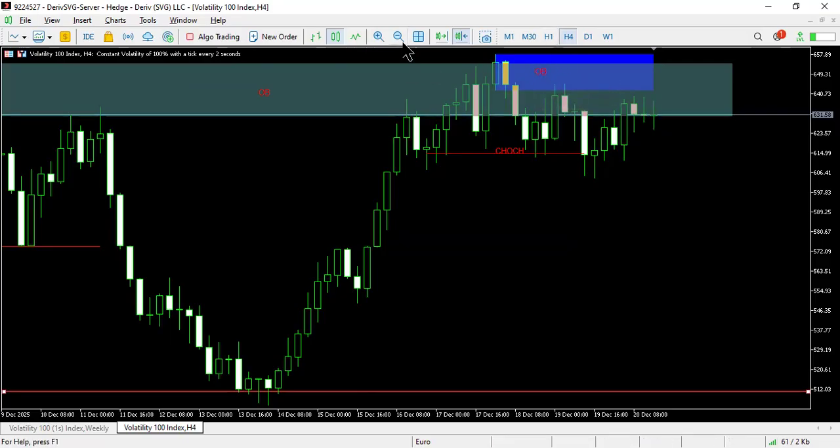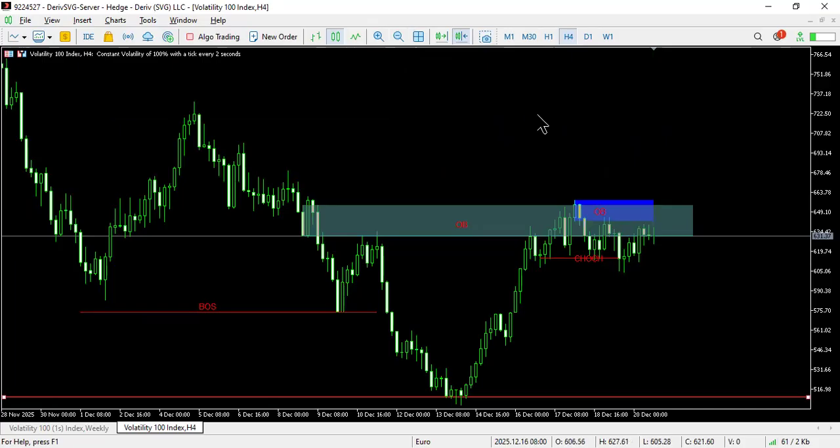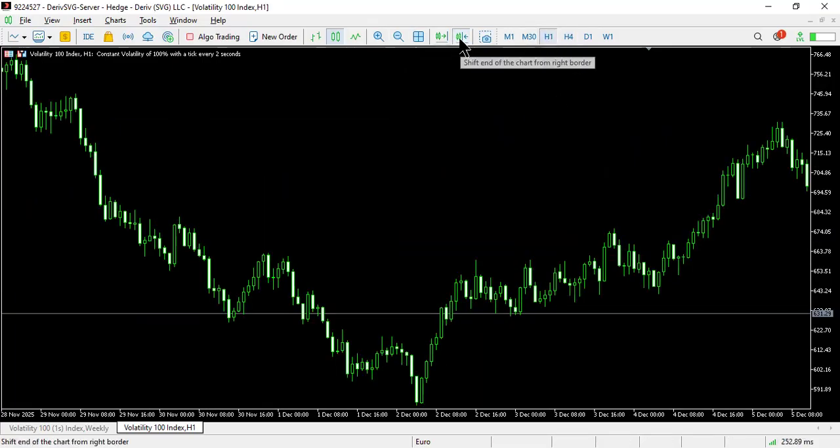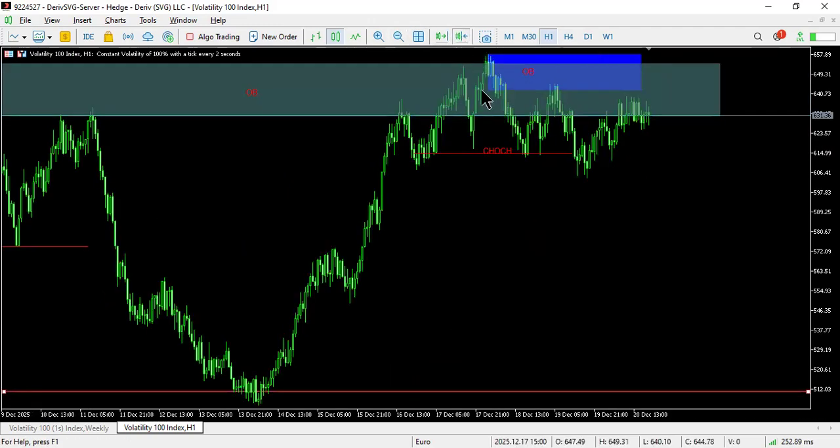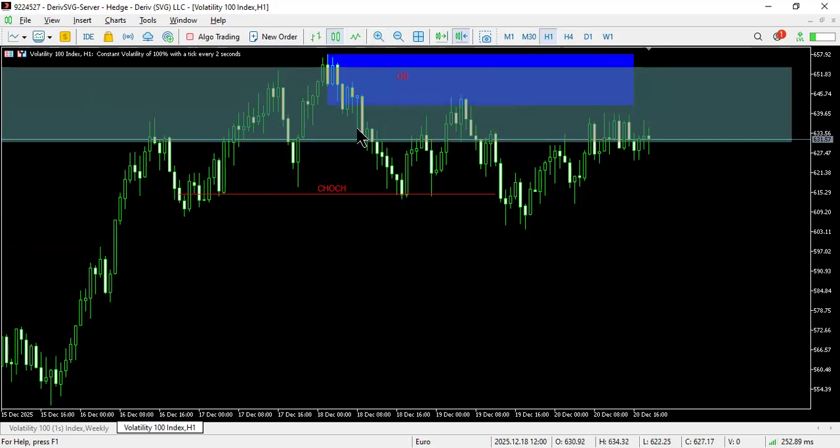And then if we go to the 1 hour time frame, from the 1 hour, we can see where the change of character happened. That is a higher high, a higher low, higher high, higher low.